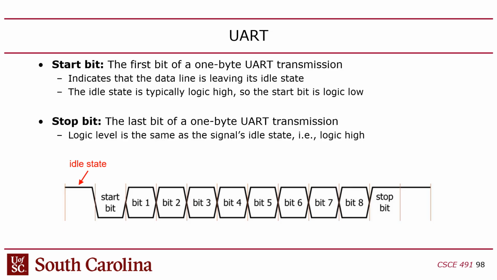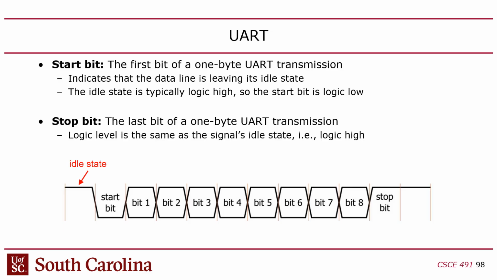But the start bit is when you pull down the channel for one bit time, and then you just send the bits in consecutive cycles. They have to be consecutive cycles according to the baud rate of the channel.